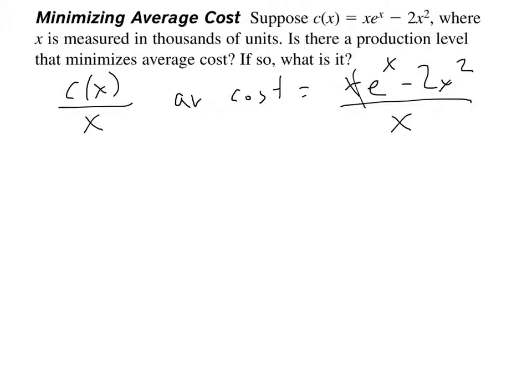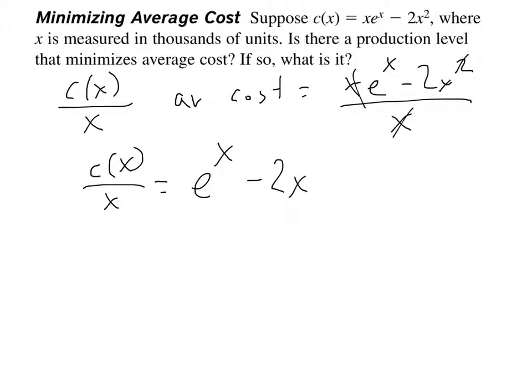I could factor out that x and cancel one of those x's with that x. So the average cost, which I'm just going to write as this, is equal to just e to the x minus 2x.